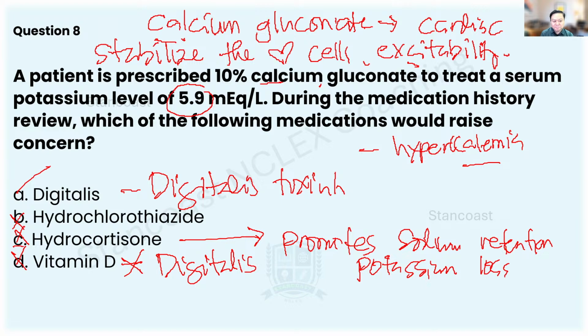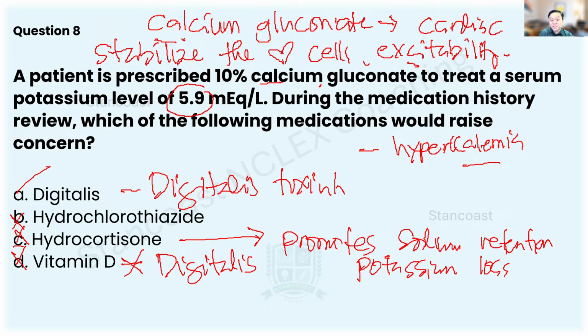Okay? So what would be the appropriate action for you as the nurse taking care of this patient? You should carefully administer this medication, the calcium gluconate, first, and make sure that you're informing the medical provider, hey, our patient is taking digoxin, or yes, they are taking digoxin.